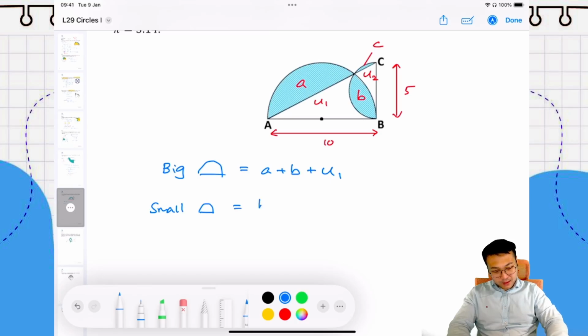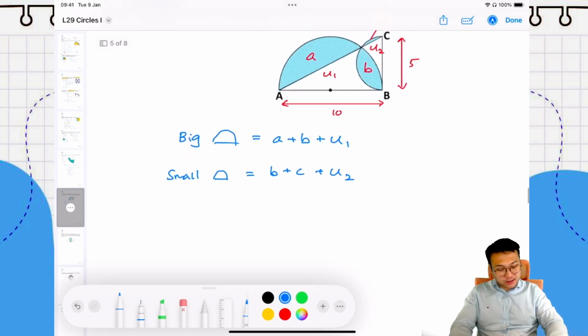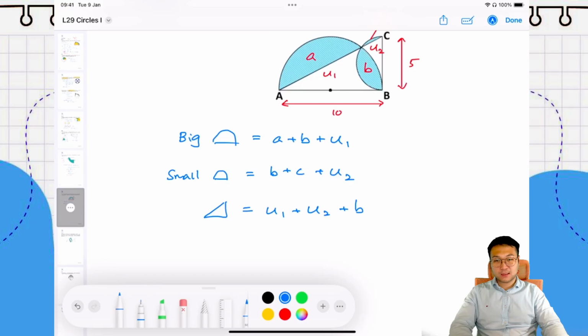If you take part B plus part C plus the unshaded part number 2, that gives us the small semicircle. And what about that triangle there? The triangle is made up of the unshaded region 1 plus the unshaded region 2 plus part B as well. So that is the triangle.